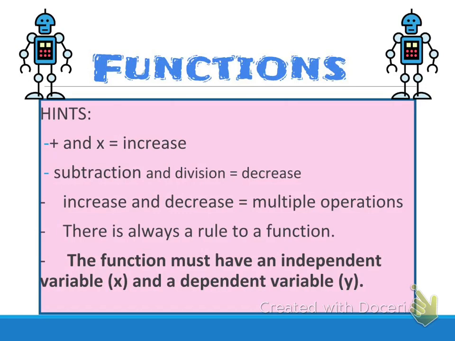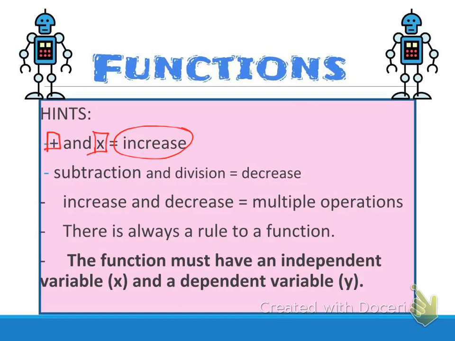So if it increases, in other words, if the number goes up when you put it into the function, it means that you're either adding or multiplying. If it increases, you're either adding or multiplying. Okay? That's important to know because sometimes you're going to have to figure out what they're doing.